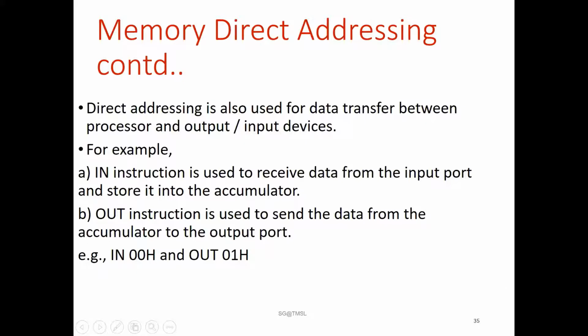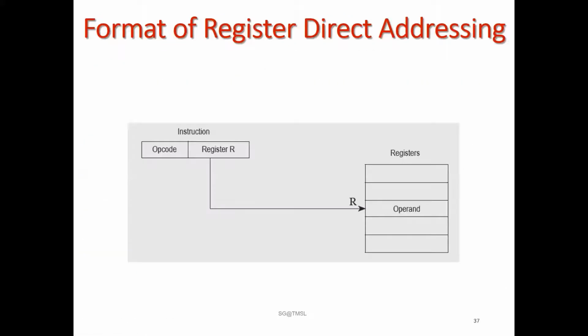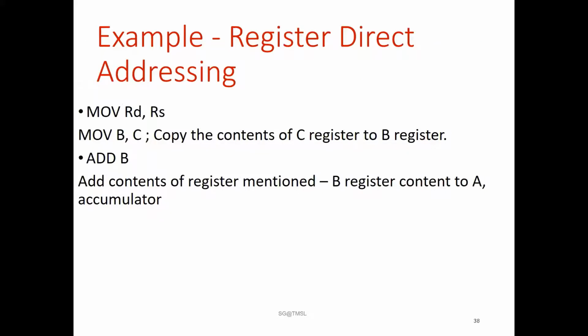The next is the register direct addressing mode. According to this name, register to register operation will be performed, like move B comma C, move A comma B, move A comma C, all the possible combinations using the 7 programmable registers.